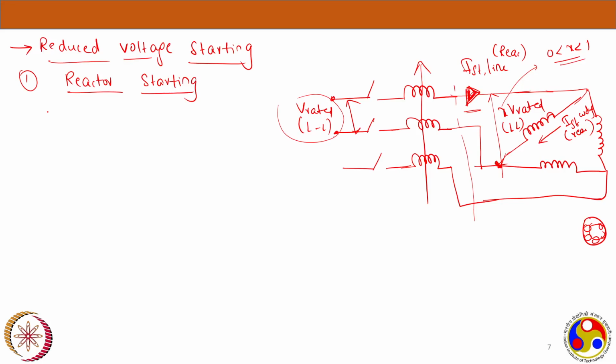So your IST line, because of the reactor starting, will be, see, it's a delta, root 3 times the phase current, that is I starting reactor winding, and again it's the voltage across the winding divided by the impedance. Now the interesting thing is the voltage is not V rated, but it's X times the V rated, the reduced voltage.